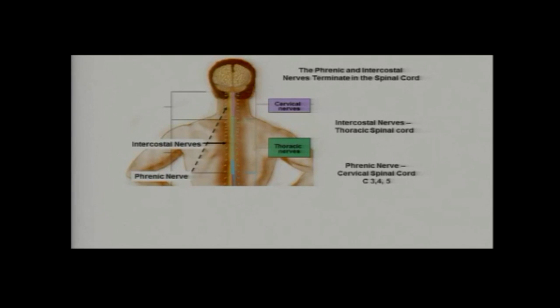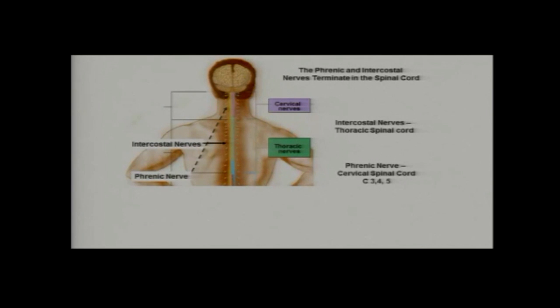Now, the phrenic nerve innervates the diaphragm, and the diaphragm is critically important for breathing. So when you hear about people with spinal cord injuries where they lose the ability for spontaneous respiration and rely on mechanical ventilation, this is when their spinal cord injury is very high up, above levels C3, 4, and 5.